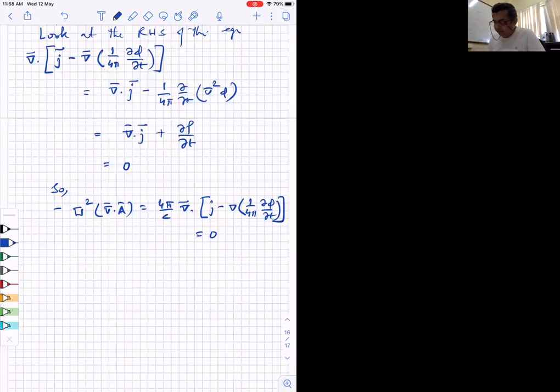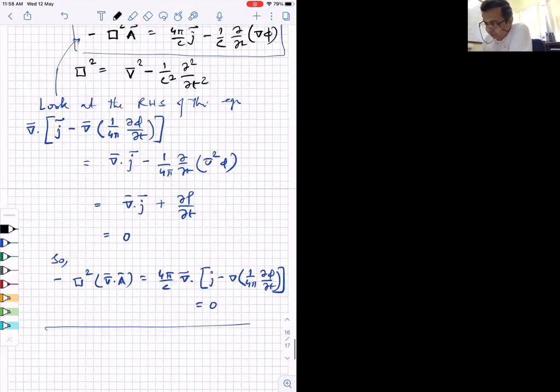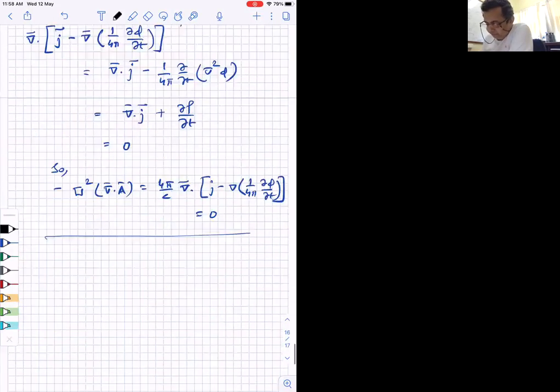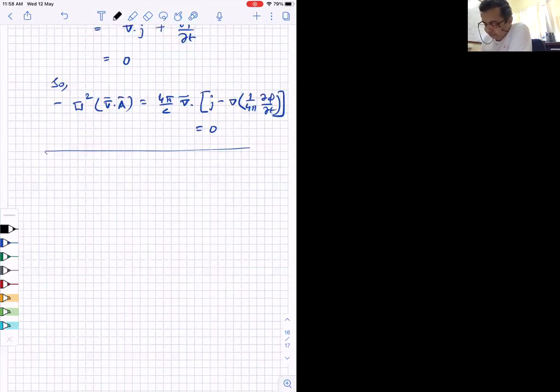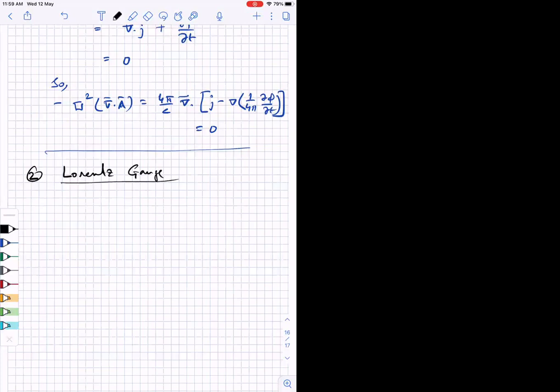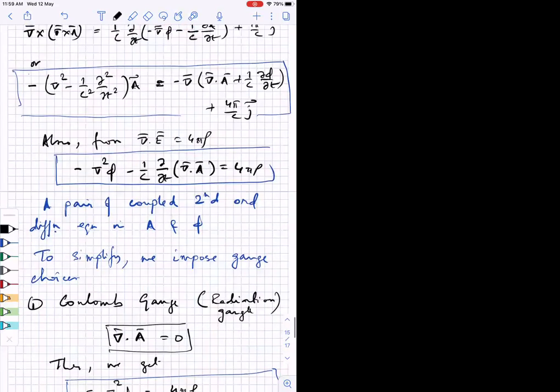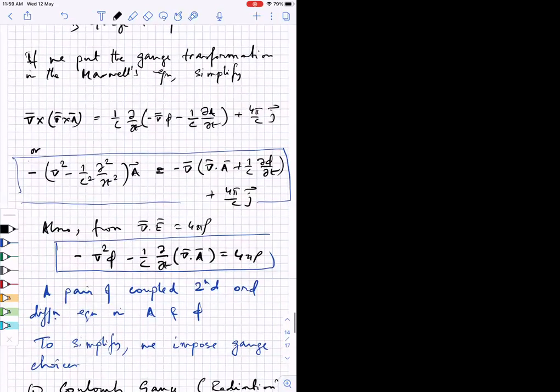There is another gauge that is often used, which is known as the Lorentz gauge. So this was the Coulomb gauge. Similarly, there is another gauge, which is called the Lorentz gauge. Again, if you look at the Lorentz gauge, it is again from over here. Look at this equation.